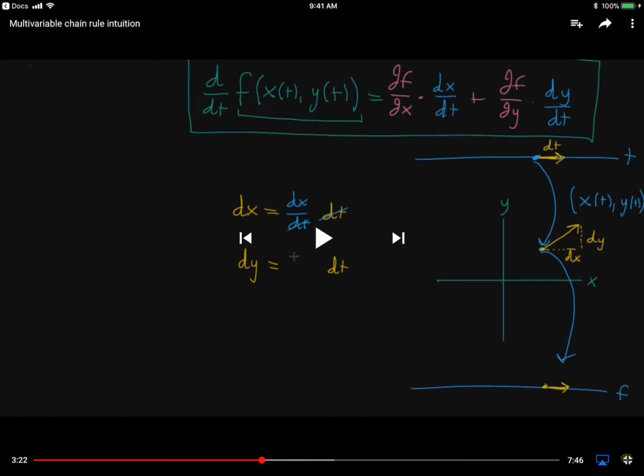The gradient is basically some kind of linear operator. So the sum of these two changes, and then due to these changes, the final change is decomposed into the change due to this one plus the change due to this one.